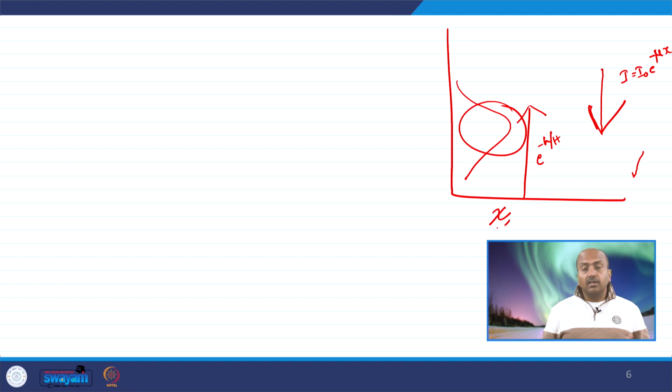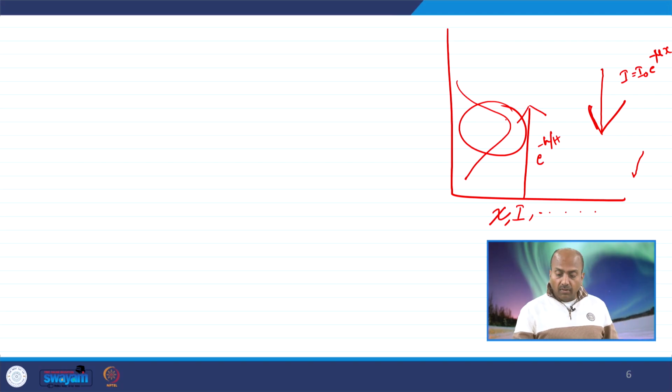Now, we have also seen how this peak is a function of the angle of incidence, the solar zenith angle, the intensity and many other variables which decide the position of this peak with respect to height. So, you have the geometric height on the y axis and the electron density on the x axis.